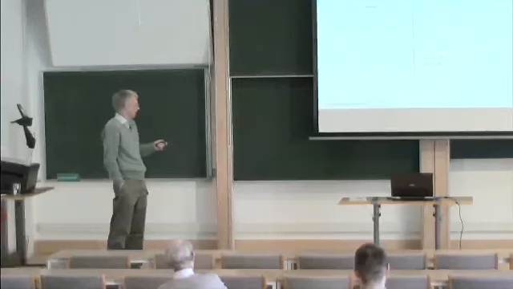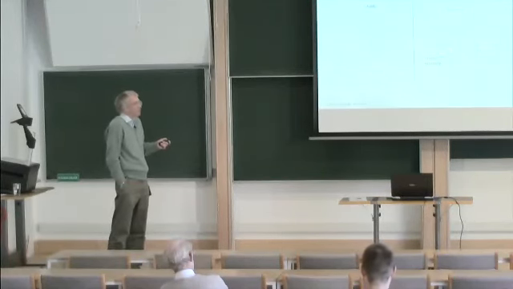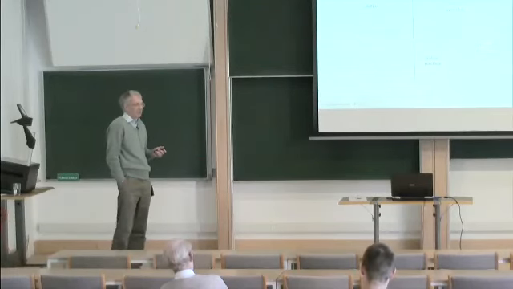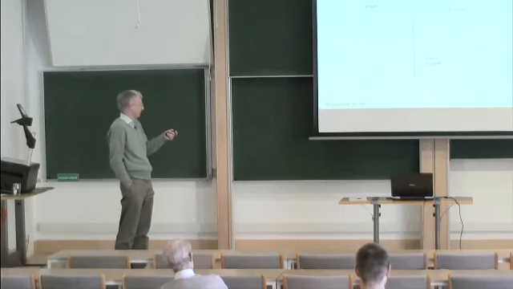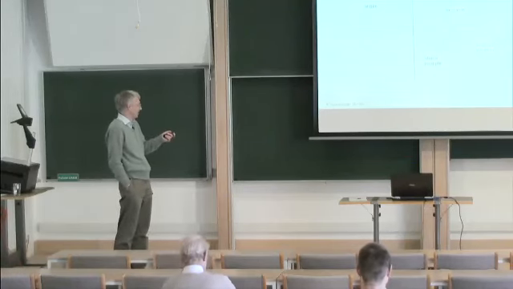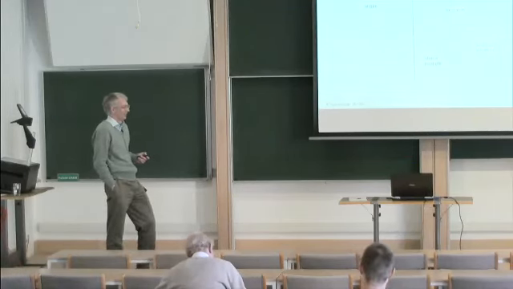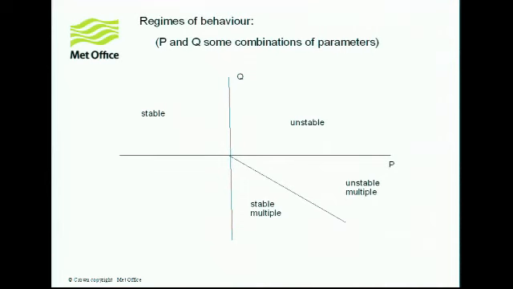And a stable multiple state where the model is unstable to perturbations from its rest state, if you like, but it will head off to some other stable equilibrium and not oscillate at all. Okay, so effectively this regime is simply oscillating around the multiple states that exist in this regime.